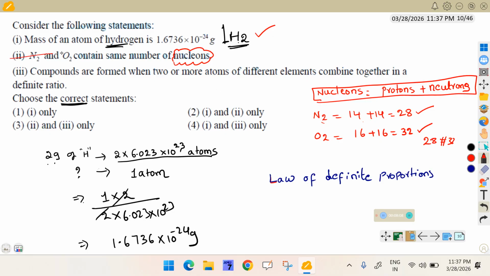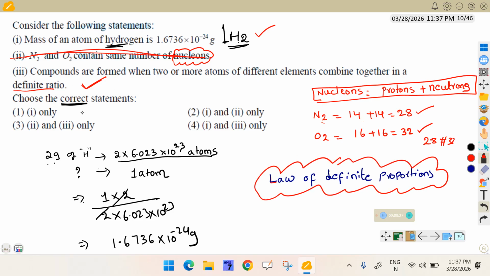So second statement is wrong. Third statement, compounds are formed when 2 or more atoms of different elements combine together in a definite ratio. Yes, this is also correct, according to the law of definite proportions. Choose the correct statements. First statement is correct. Third statement is also correct.